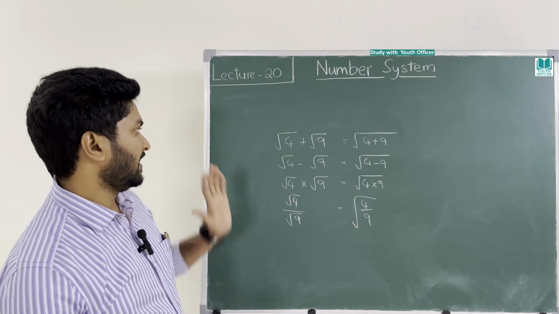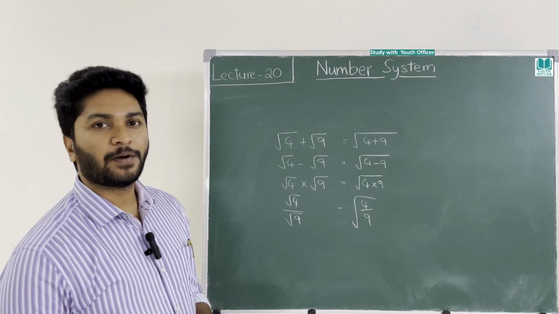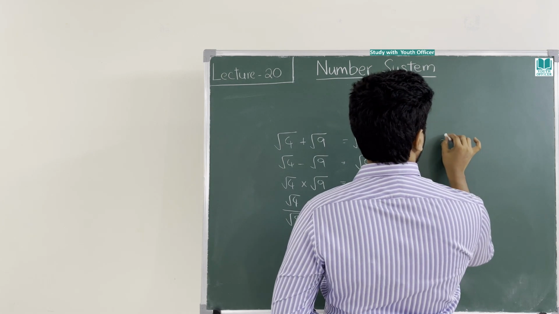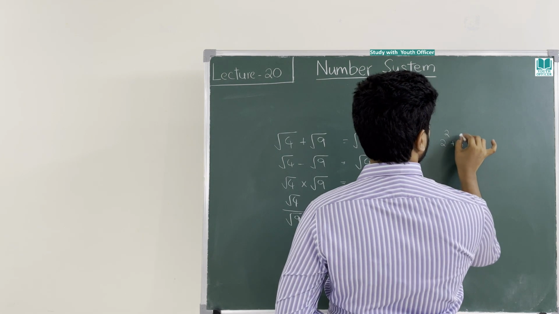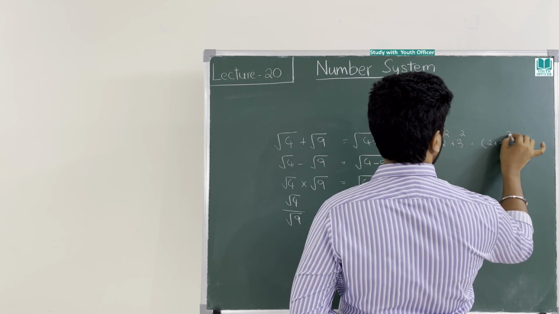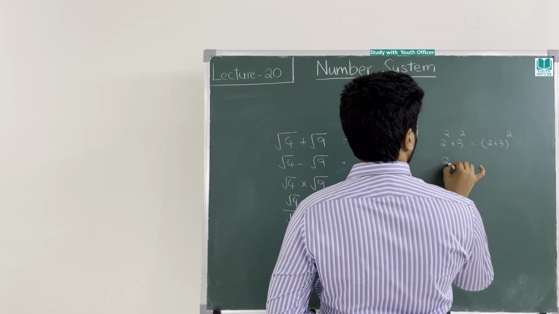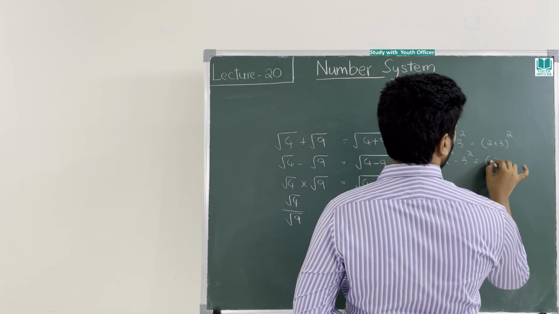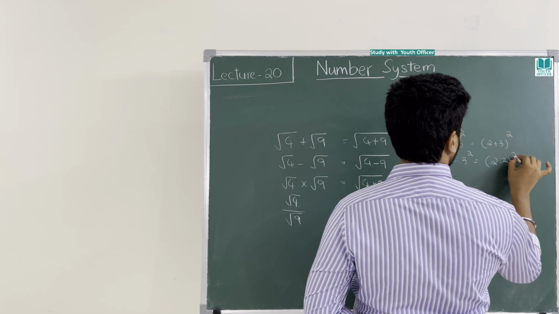Okay? Come. And one more property I will tell you. I just remembered. Can we write 2 square plus 3 square equal to 2 plus 3 whole square, or 2 square minus 3 square equal to 2 minus 3 whole square?